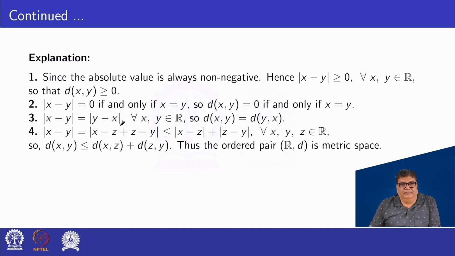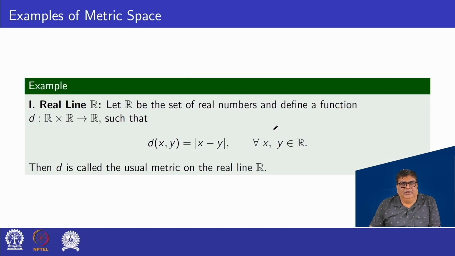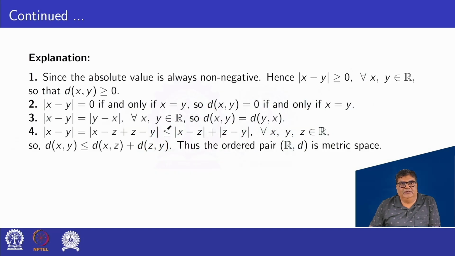So we have |y − x| for all x, y belonging to R. So d(x,y) equals d(y,x). Here d(x,y) is defined by |x − y|. If we interchange x and y, then on the right side we can write |y − x|. So the third condition, d(x,y) is equal to d(y,x), is satisfied.